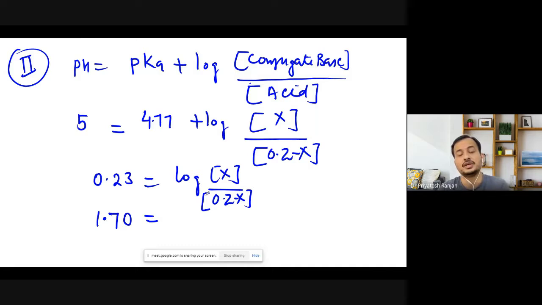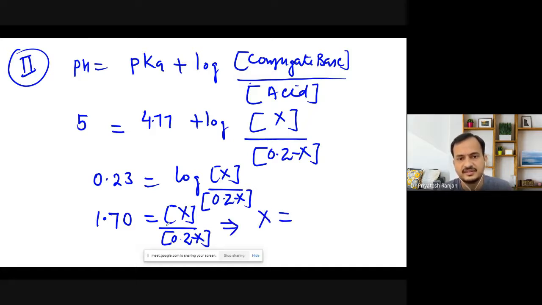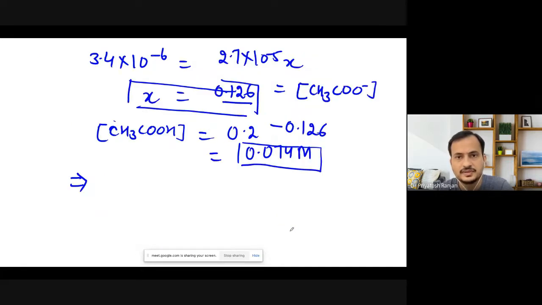Remember, it's a basic log equation, so I can write the concentration of x divided by concentration of 0.2 minus x equal to 1.70. Try to calculate it for x. It's a simple equation, and the value of x you will get is the same, 0.126. Just try to solve it with the help of your calculator, or you can try it in your notebook, and you'll get x equal to 0.126.